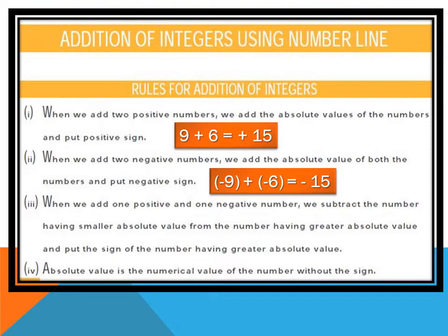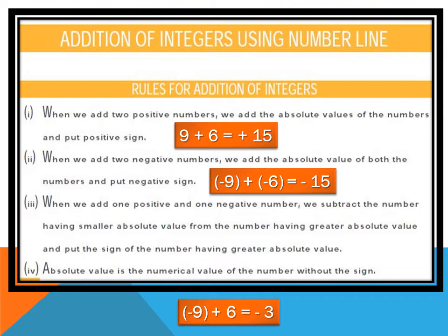Number 3, when we add one positive and one negative number, we subtract the number having a smaller absolute value from the number having the larger absolute value and put the sign of the number having the greater absolute value. Let us take another example. Here we are adding -9 with 6. Now the absolute value of -9 is 9 and the absolute value of 6 is 6.